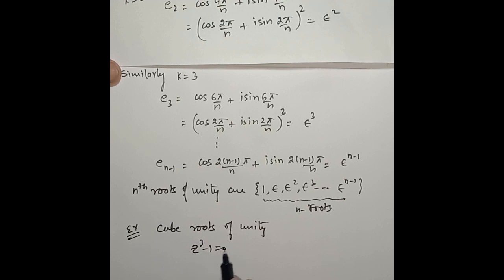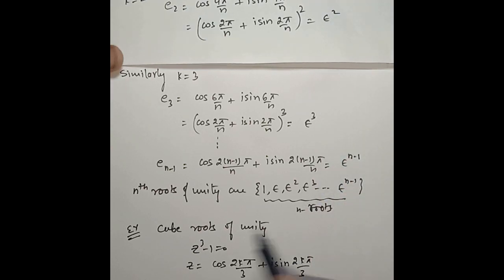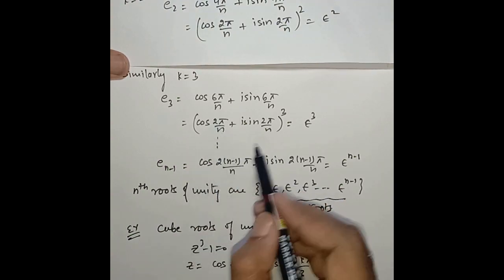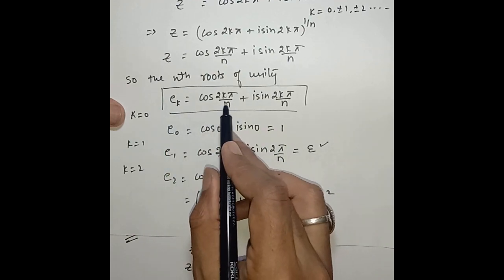The roots of this equation are called the cube roots of unity, and z is equal to cos 2k pi by 3 plus i sin 2k pi by 3. With the above discussion, we can write for n is equal to 3.